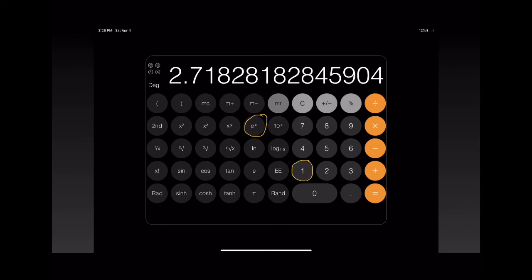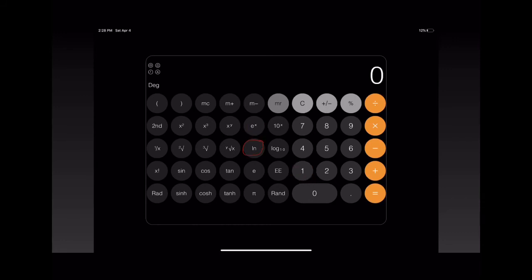E to the first power, anything to the first power is itself, and so the calculator will just give me back my approximation. We remember the natural log, L N for natural. You, of course, understand that log functions are in some way the inverse of exponents.